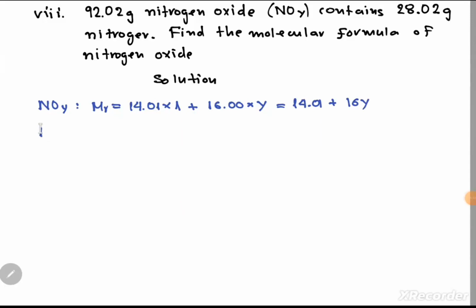We have the relationship which find from the molecular formula. 1 mole of nitrogen oxide is equal with MR grams, contains 14.01 grams of nitrogen.